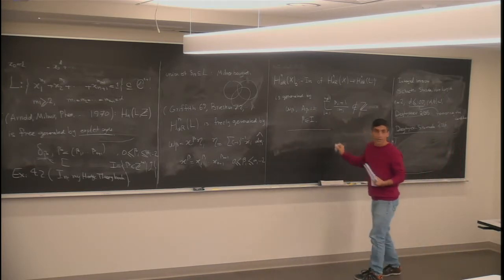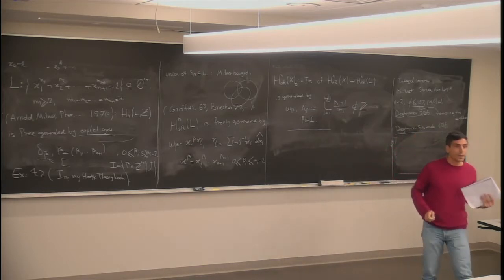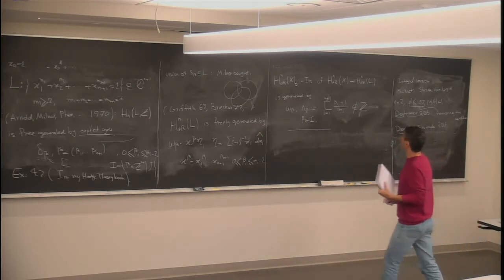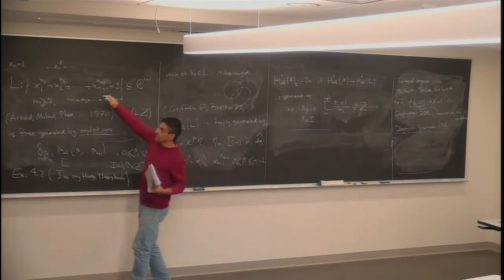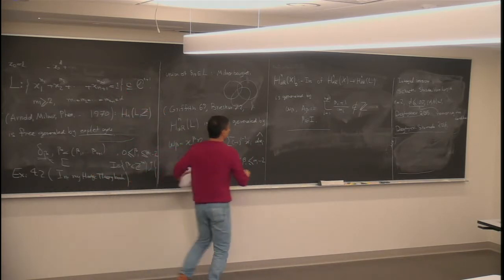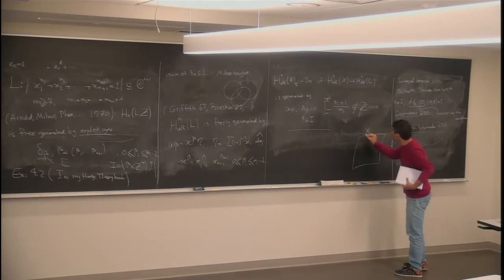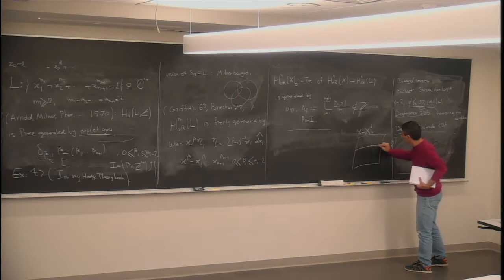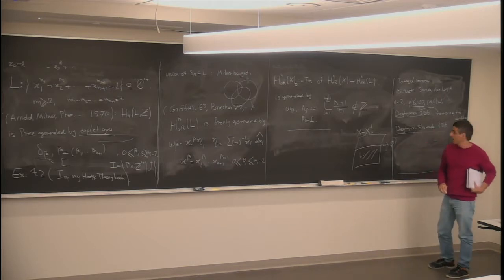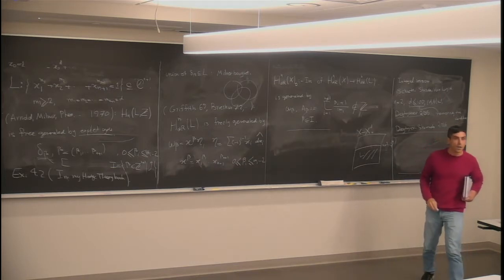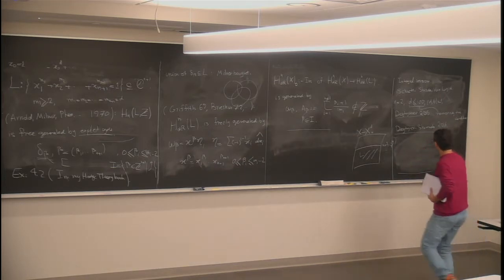Sorry, what was X, the ambient weighted projective space? No, the X was the Fermat variety. What is L? Maybe I will make a picture, but you have your X, the Fermat variety. And then I kept this X0, and the rest I called L. Okay, so exactly.